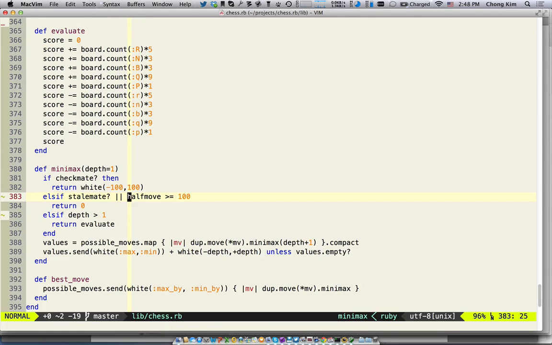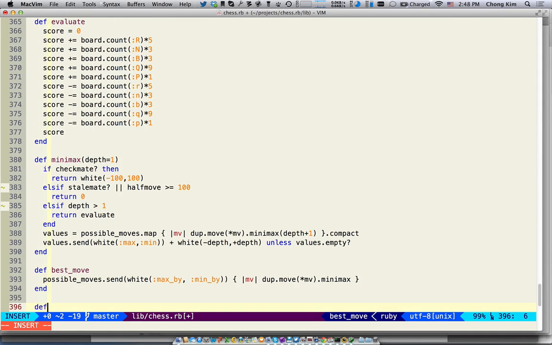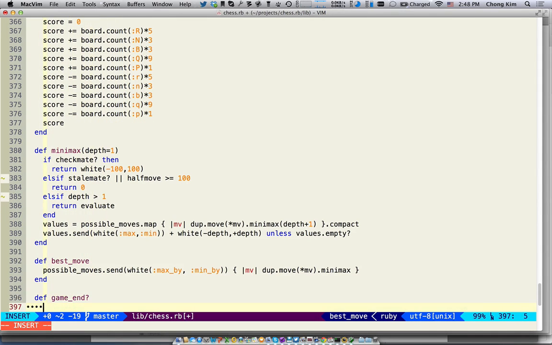All right, let's make game end. How do we know if the game ended? If it's checkmate, or stalemate, or half move is greater than or equal to 100. Actually, instead of saying stalemate, we could just check if possible moves is empty.